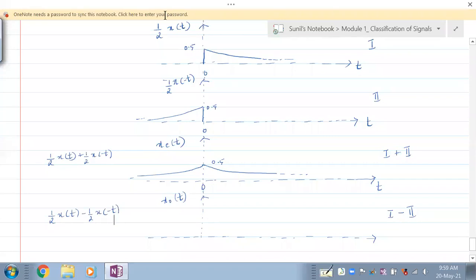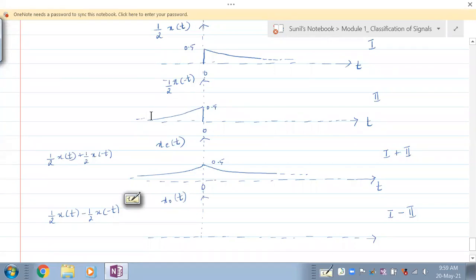Now again see these two signals. This is this signal minus this signal. From minus infinity to 0, it is 0 here. From minus infinity to 0, it is half x of minus t. So that means 0 minus signal is minus of the signal that we have here.